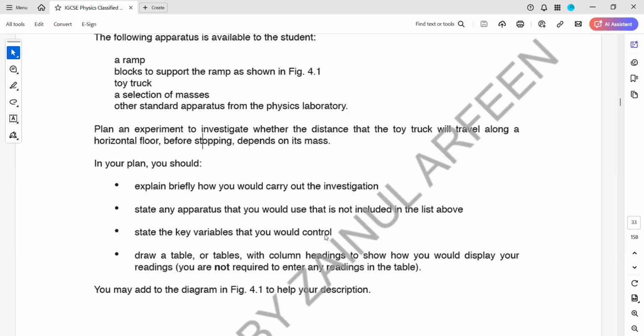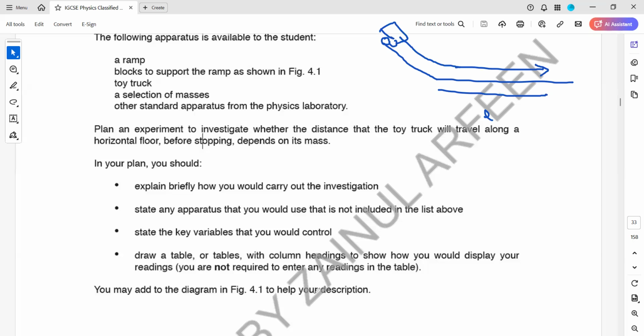Okay, but the question is, you mentioned a stopwatch, but we don't need a timer here. Why don't we need a timer? Because we want to investigate how much distance the toy truck travels on the horizontal. Once we release a toy truck from the ramp, it will stop on the horizontal. So what we need is a meter rule here.